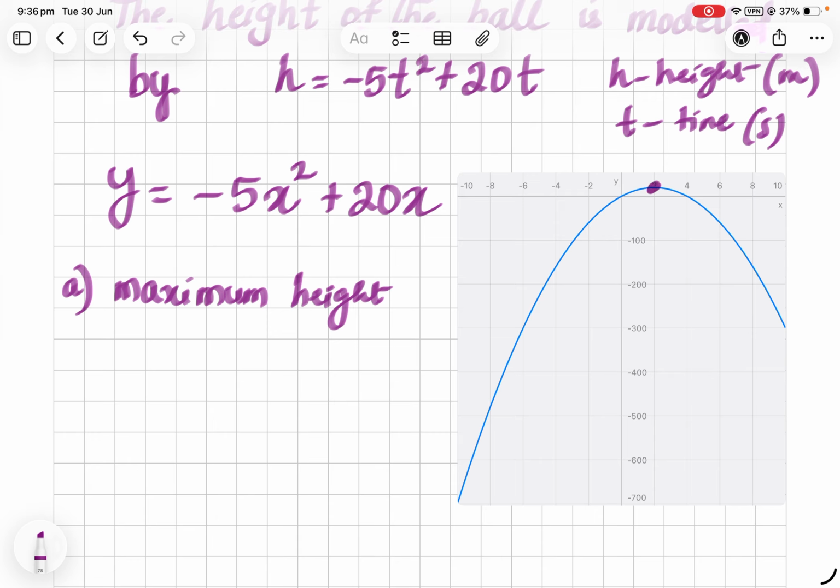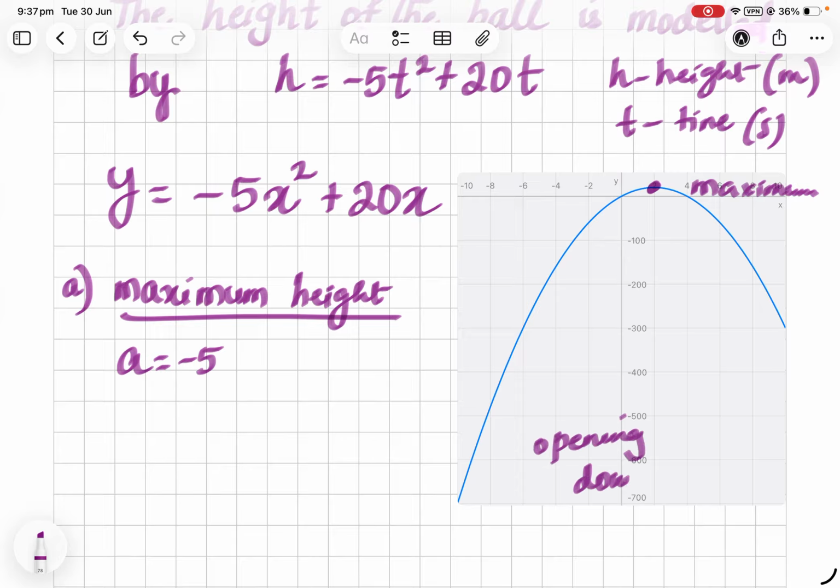That is your maximum. And as you can also see, because the leading coefficient, the term with x squared, is negative 5, the curve opens downwards.